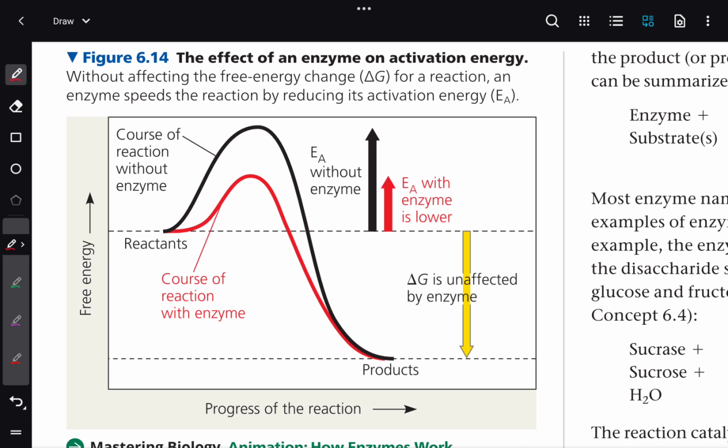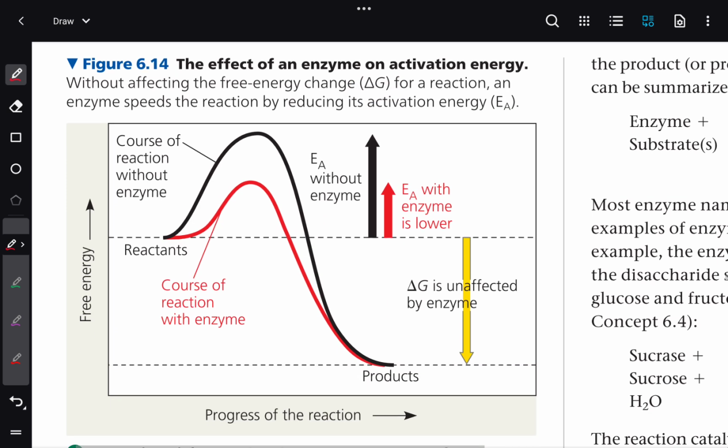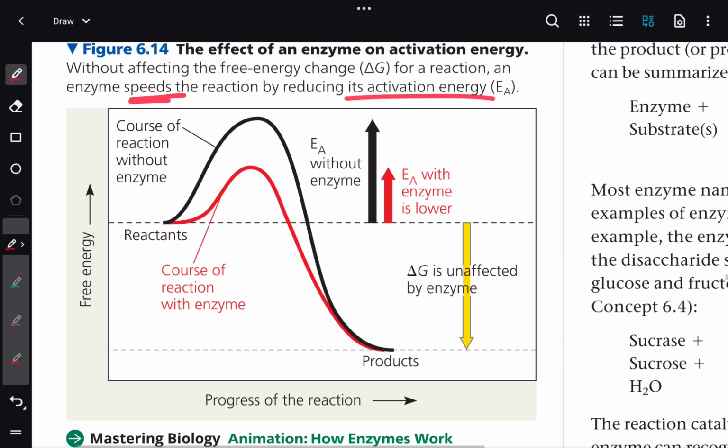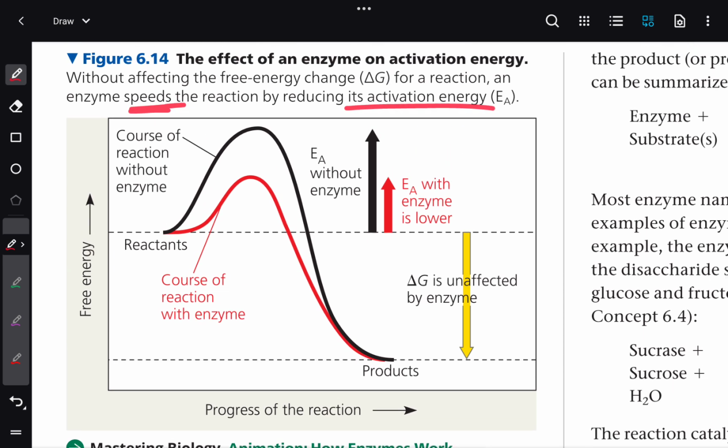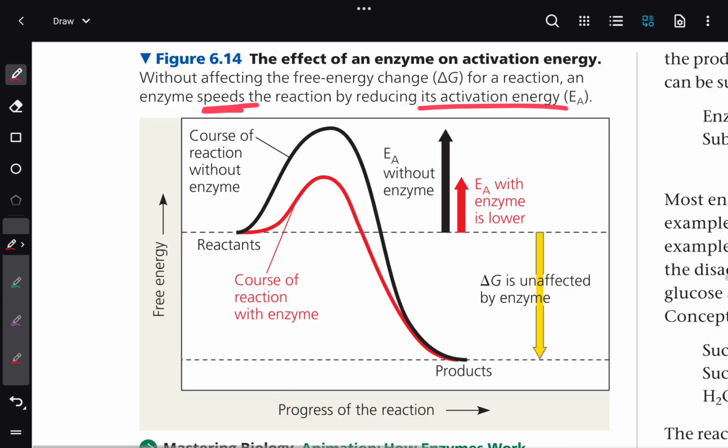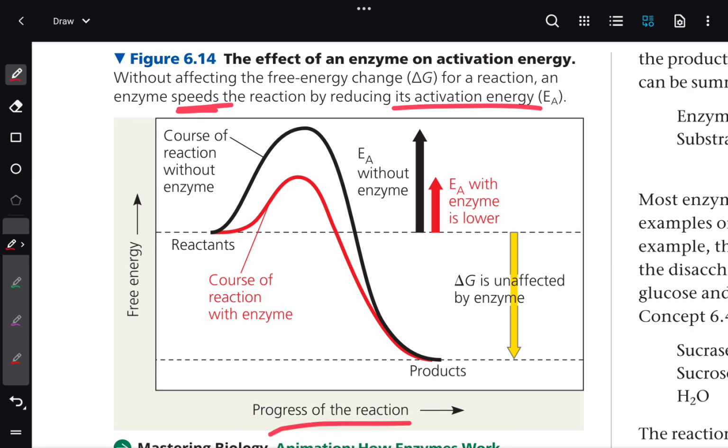Without affecting the free energy change for a reaction, an enzyme speeds up the reaction by reducing its activation energy barrier. Now, if we look at this, this is the progress of the reaction, let's say over time.